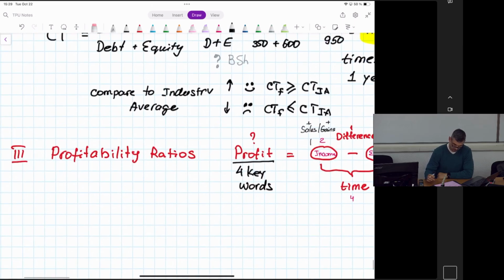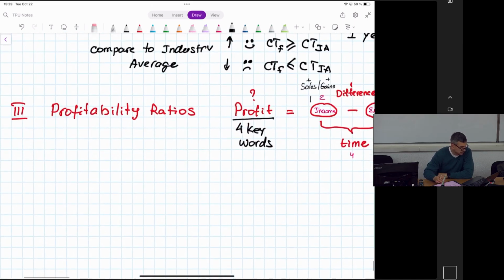Now, let's talk about profitability. Profitability can be defined as the ability to make profit. Okay? Profitability is the ability to make profit.